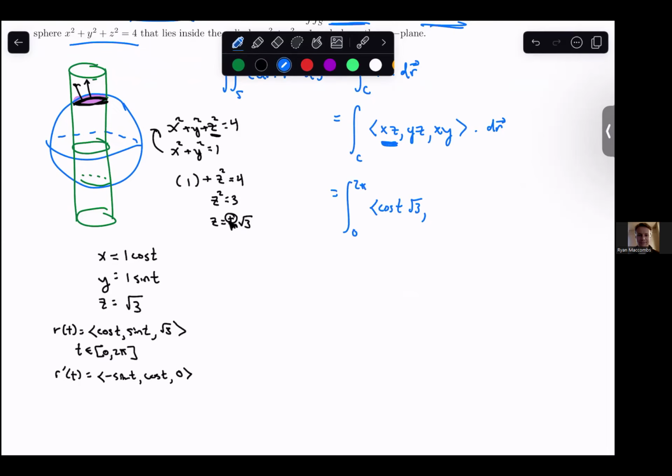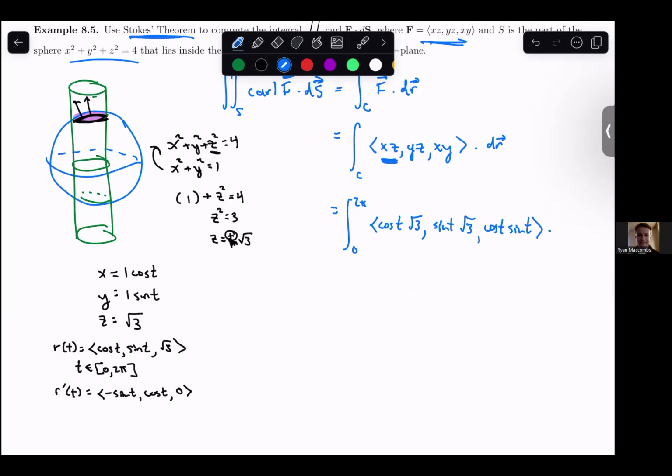Next up, we need yz. So that's going to be sine of t root 3. And then finally, xy. So that's going to be cosine sine. And we need to dot product this with r prime of t dt. So we're going to have negative sine, cosine, 0.